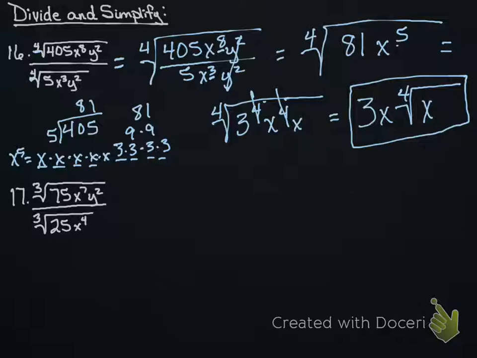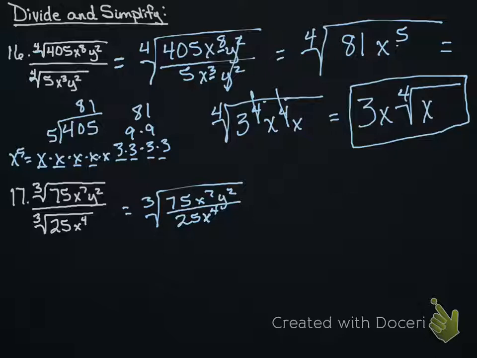Let's do our next one. Number 17. Okay, we're going to start with the cube root of 75 x to the 7th y squared. Underneath that is 25 x to the 4th.